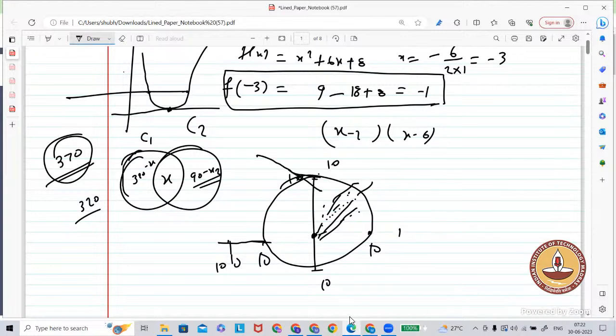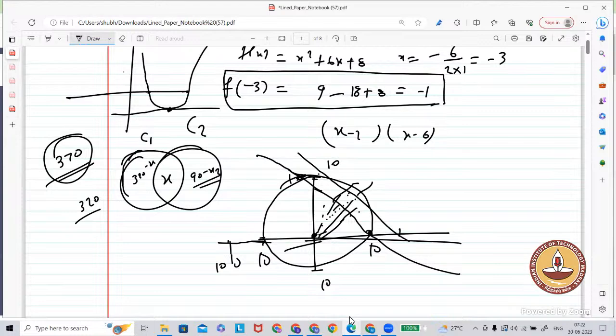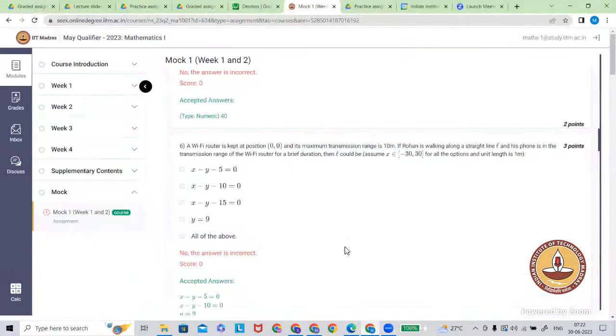Possibly the line will go like this so that for a small time it will be in range, or even like this, we don't know. You have to go option-wise, and check from the origin which gives a distance of 10 meters or less than 10 meters. Then it will give you the exact answer.